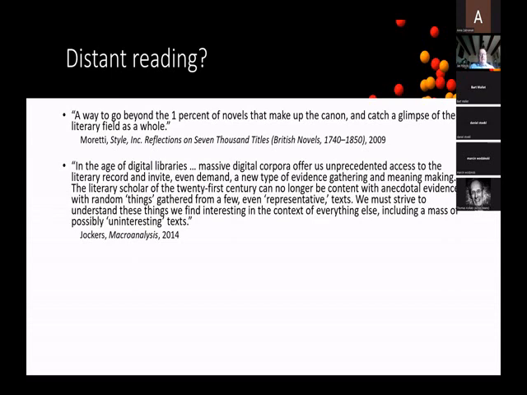Now, distant reading has its critics. There is a beautifully entitled paper by Johanna Drucker, Why Distant Reading Isn't. I think that the title says more than the actual paper.